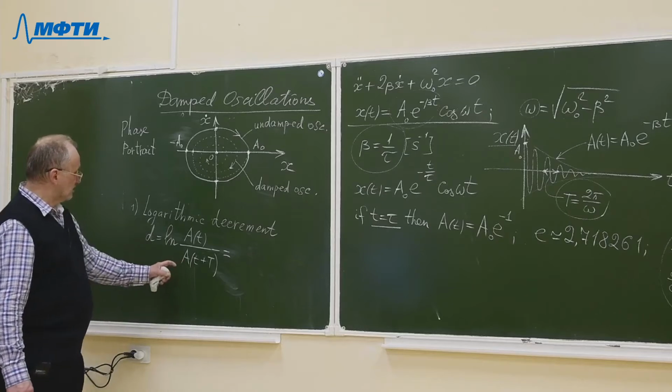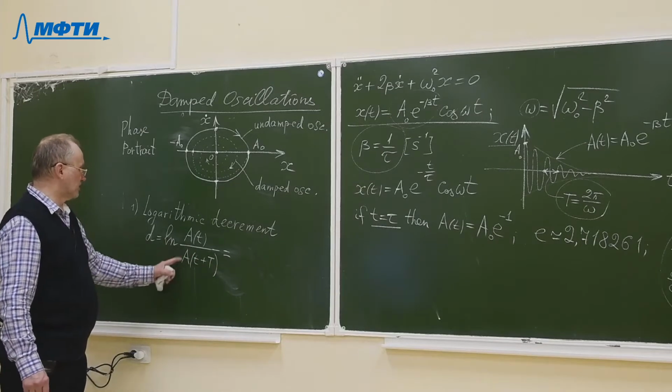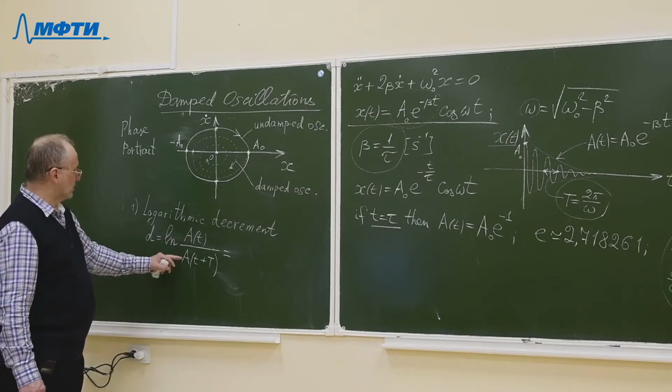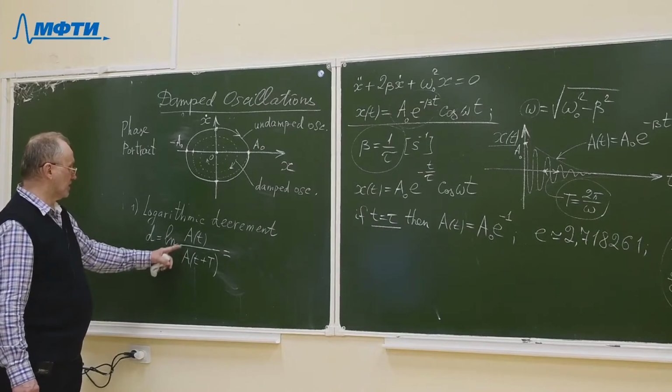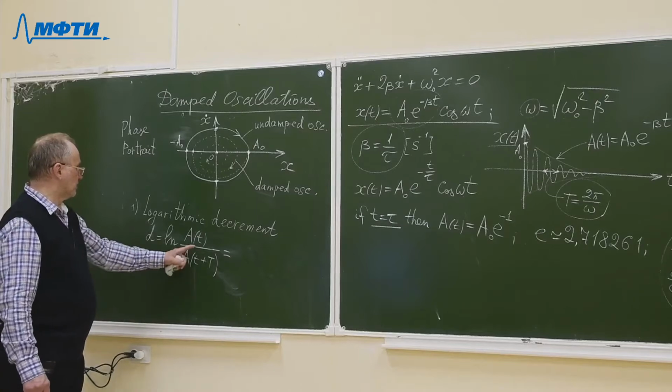The next amplitude is smaller than the previous one because the oscillations are damped. So the denominator is smaller than the numerator, and this ratio is larger than unity.